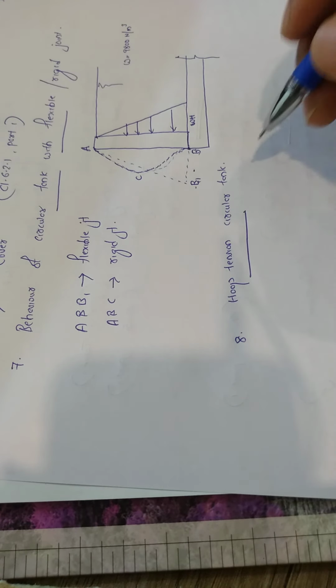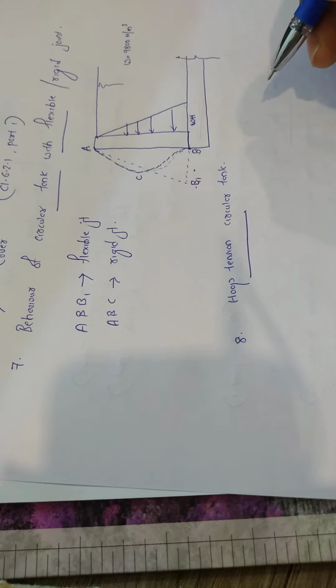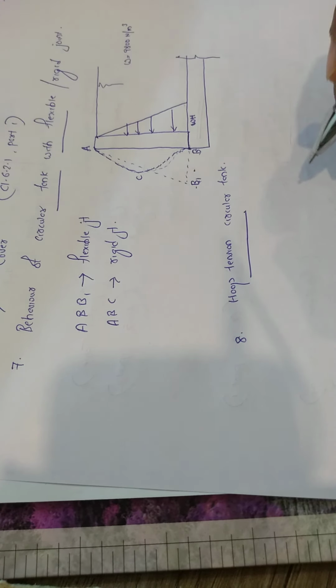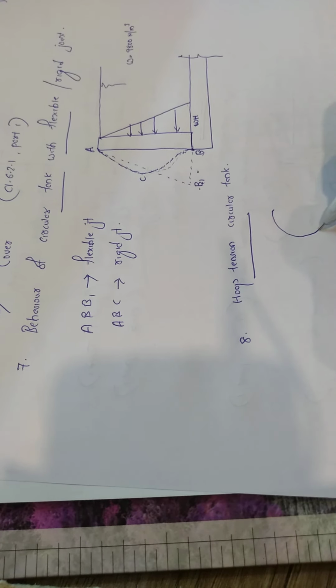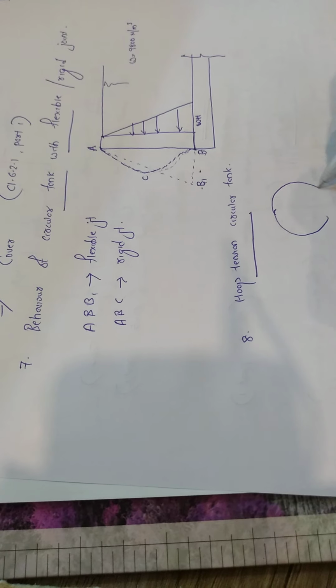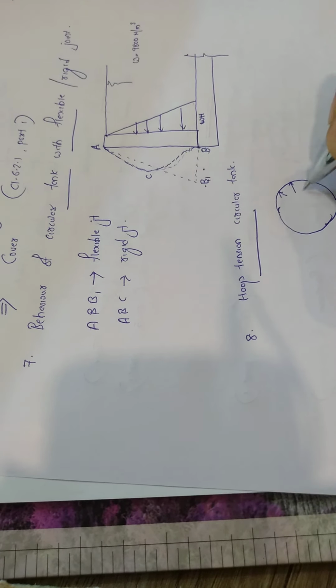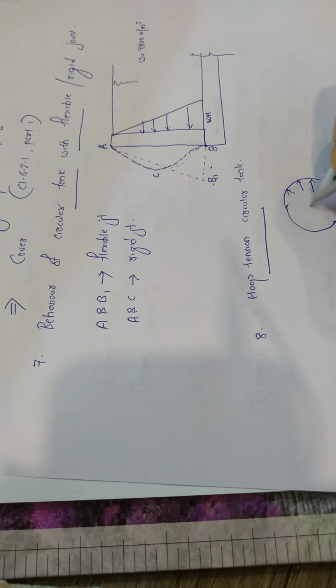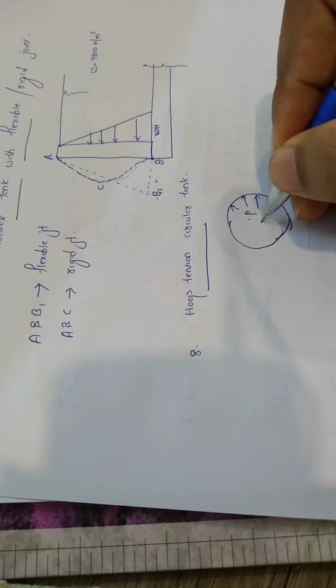The hoop tension, we have studied in our mechanics of solids in S3. So consider this is a circular water tank, which is subjected to a pressure P from inside, and let the radius be R.